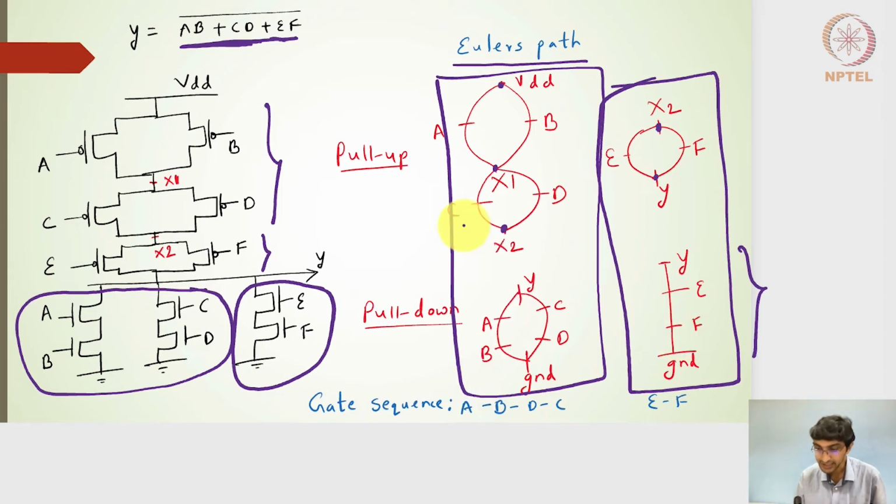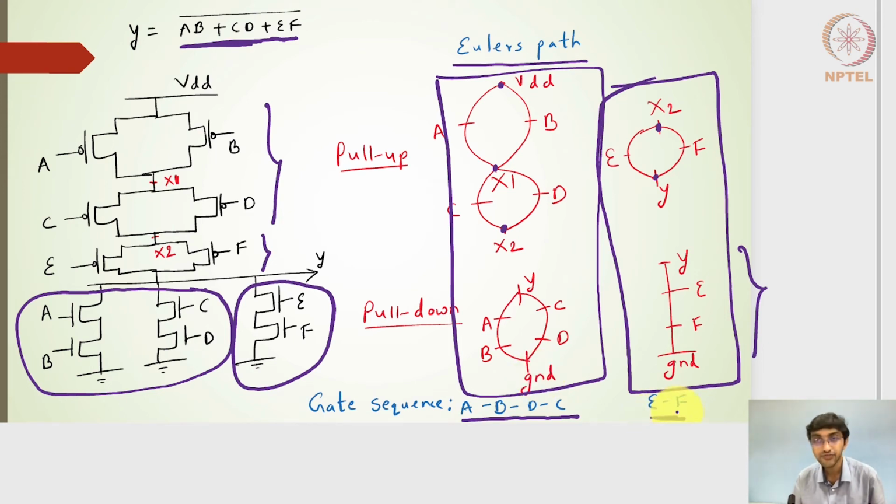So the gate sequence matches for the two Euler paths on the pull-up and pull-down side. For this path I have a gate sequence of A, B, D, C, matching for both pull-up and pull-down side, and here it is matching with E and F.